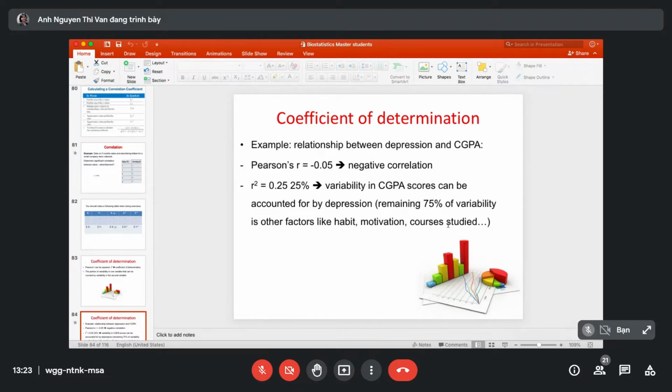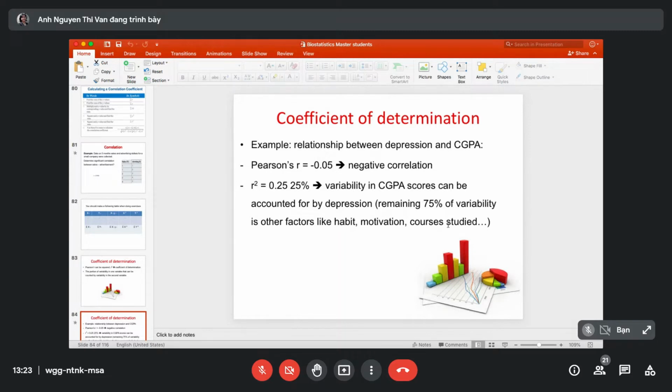What else can you conclude from this value? Can you think of another point that you can say? So as I can see on the slides, I have the R square value.